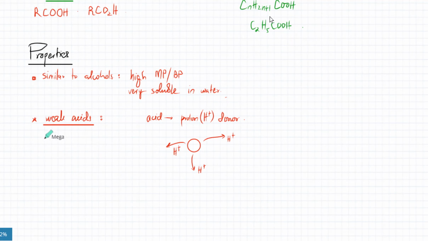It's going to partially, or weakly, ionize, and it produces fewer H+1 ions.